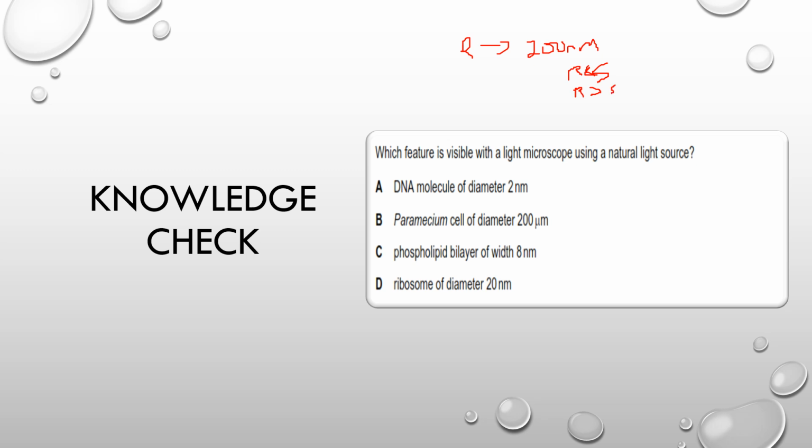Now if you check the first option, the question says which feature is visible with a light microscope, which one can be seen? The resolution of a natural light source is 200 nanometers. 200 nanometers is greater than the 2 nanometers of a DNA molecule.